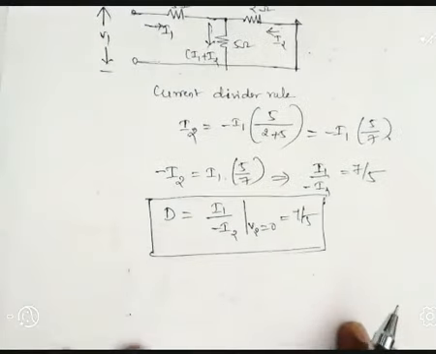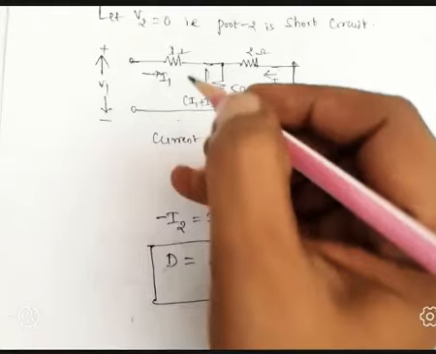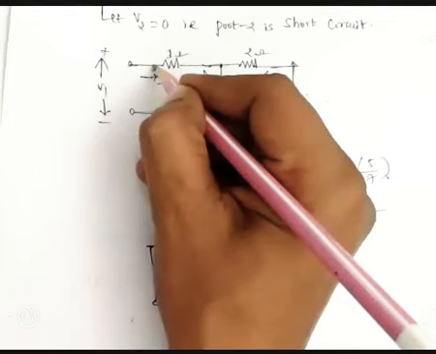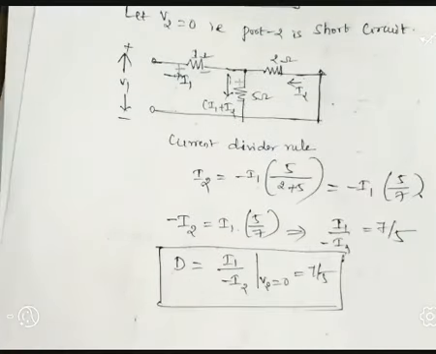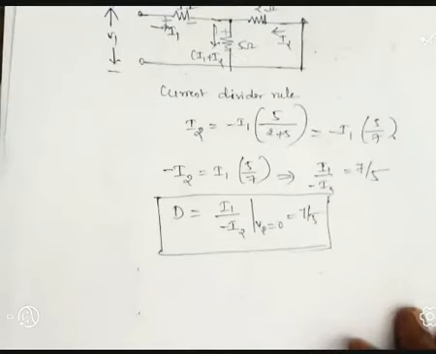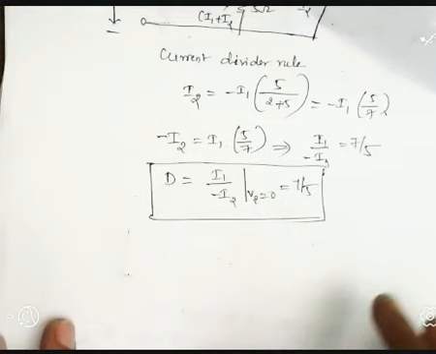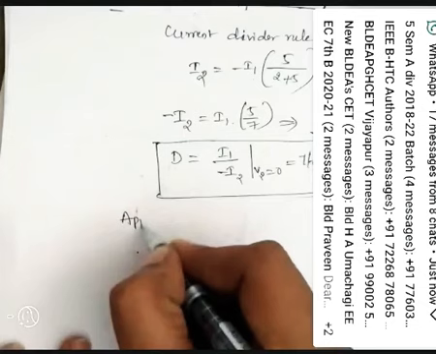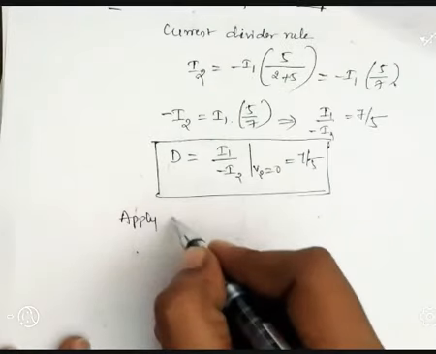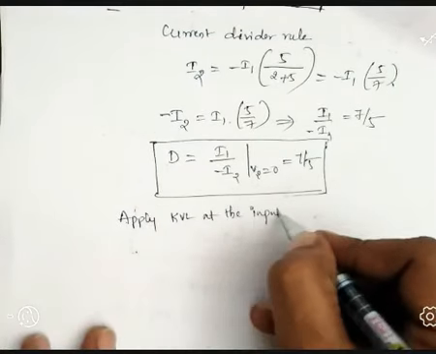Next, apply the KVL at the input side. Here I am going to represent polarities as plus minus plus minus. What we are getting? Apply KVL at the input side.